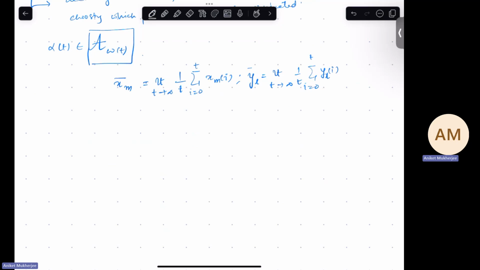Now, the first objective is to design an algorithm that solves the following problem.